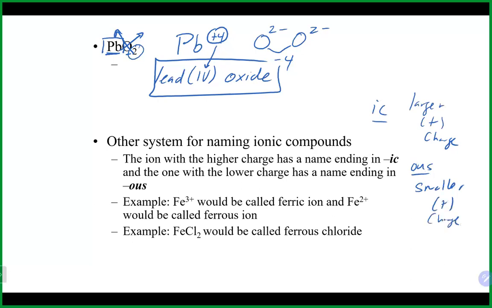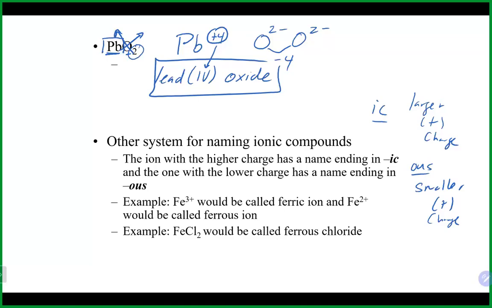So if we look at iron 3 chloride, that would be ferric chloride. And iron 2 would be ferrous chloride, which is what we see here, ferrous, which is based off of the old school name of iron.